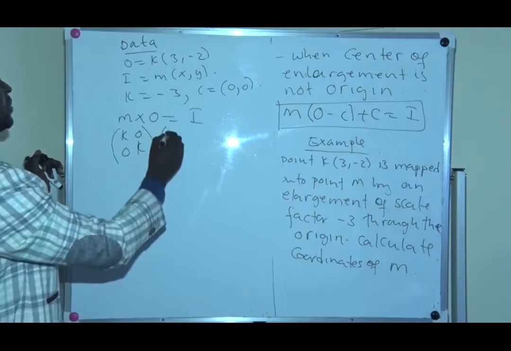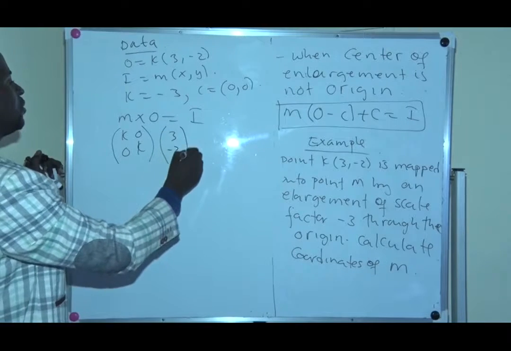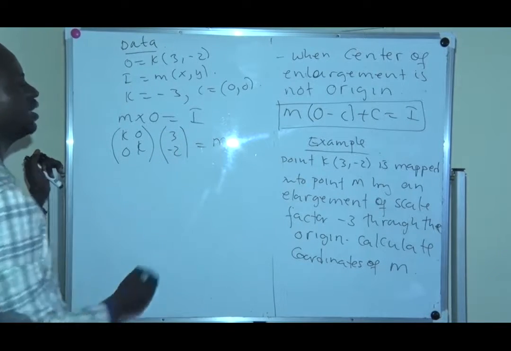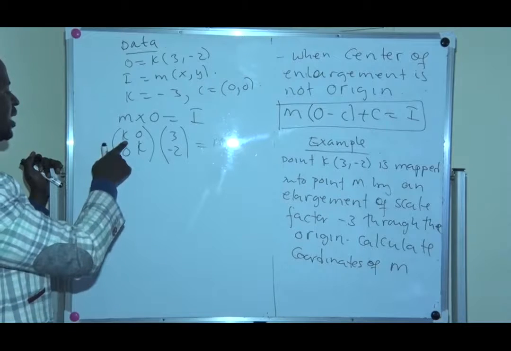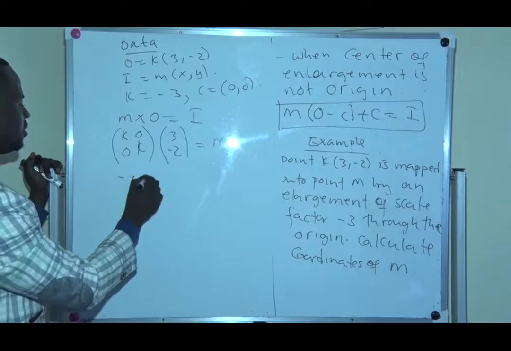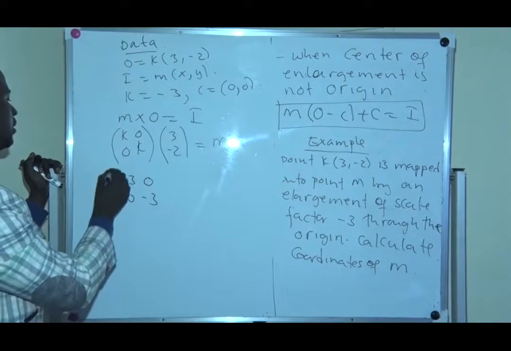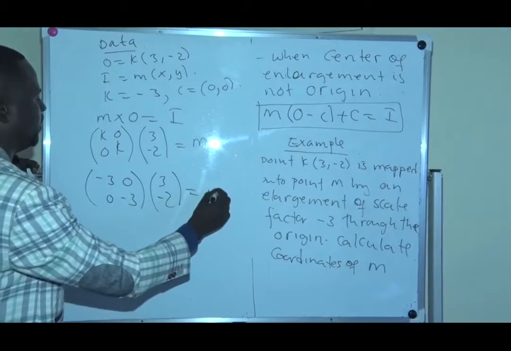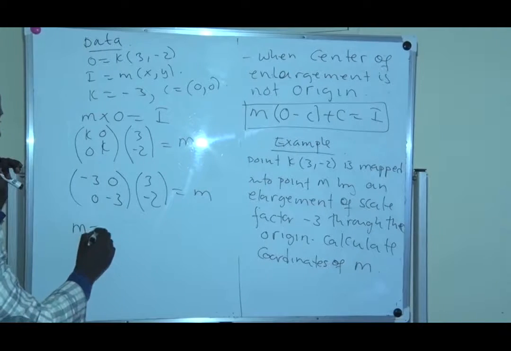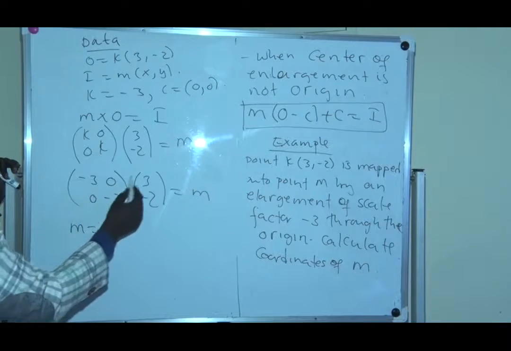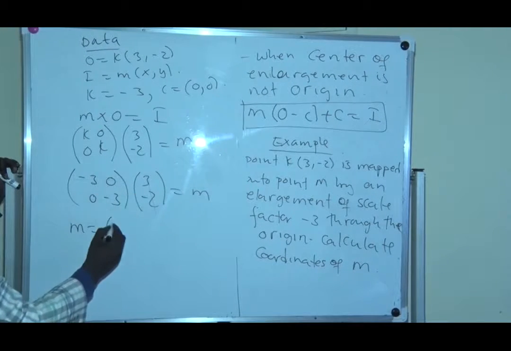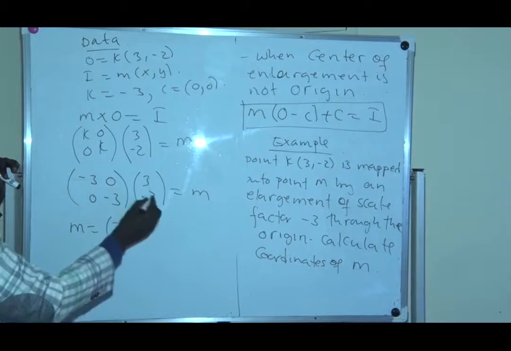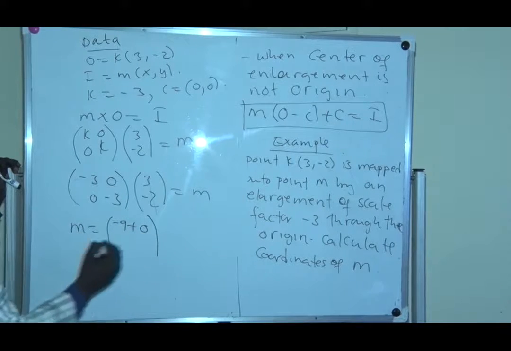The object being mapped, (3, -2), should be equal to the image, which is point M. k is -3, so the matrix is (-3 0; 0 -3). Now you multiply, and this will give you M. Row times column: -3 times 3 is -9, plus 0 times -2 is 0.